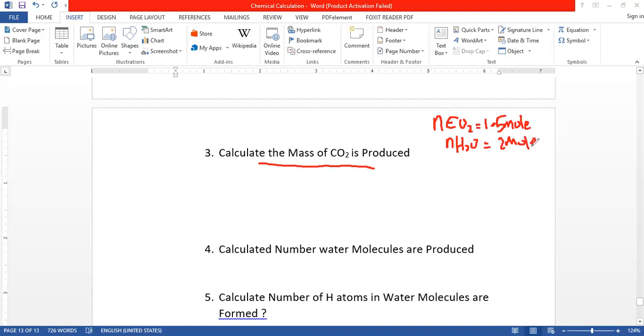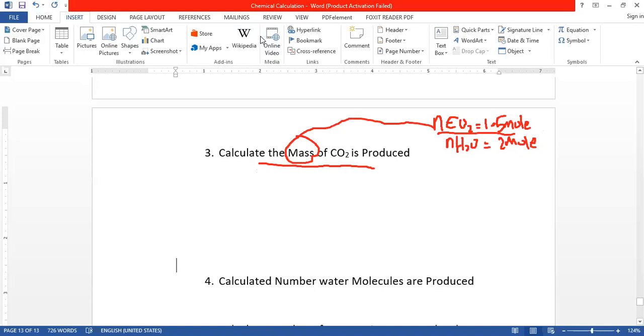So using this one, look at this. We found this mole here, we found this mole, right? And using this mole now, you can find the mass of carbon dioxide. What equation should be used? n is equal to given mass over molar mass, right?